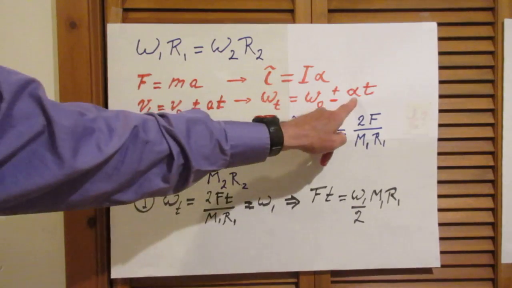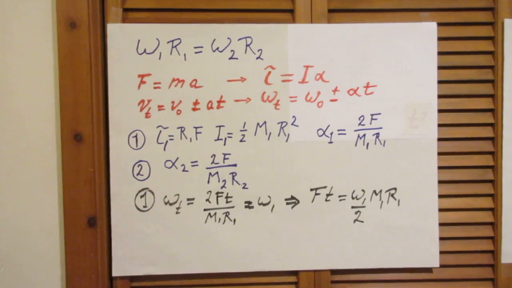I will therefore use for disk number 1 alpha positive, because I'm only interested in the magnitude. I will remember, believe me, later I will remember that disk number 1 is spinning in the clockwise direction.